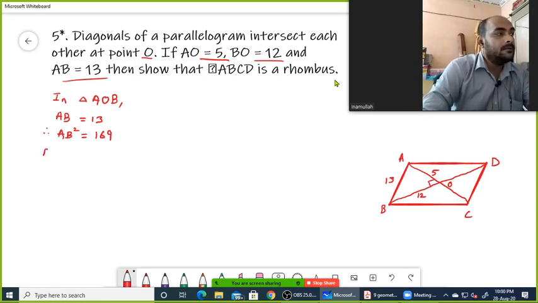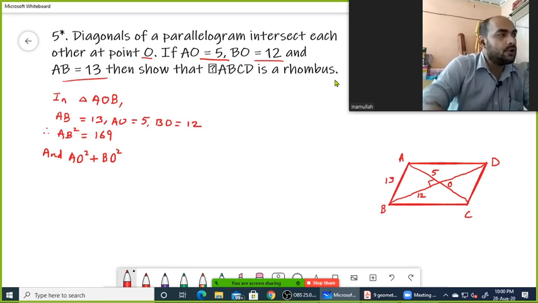and AO square plus BO square. Here we can write those two lengths also. AO is 5 units and BO is 12 units. So these measurements are already given.